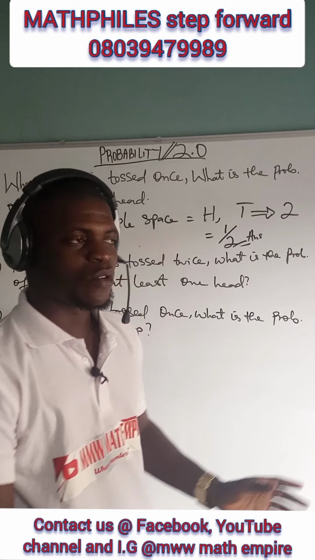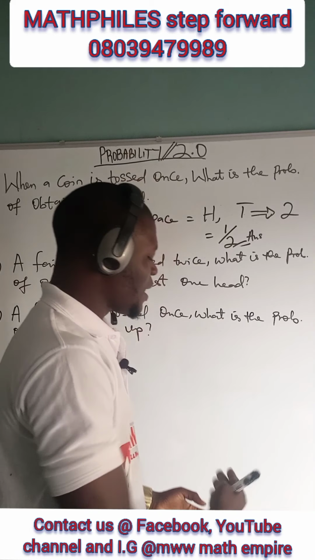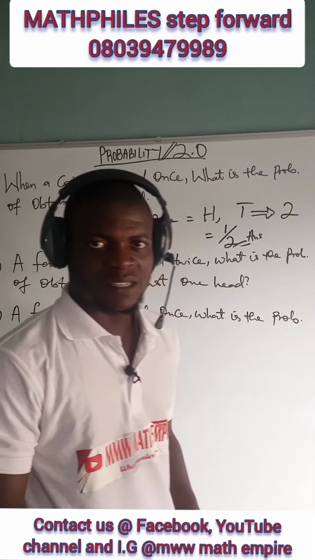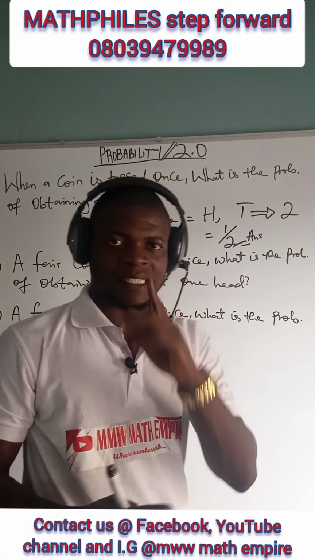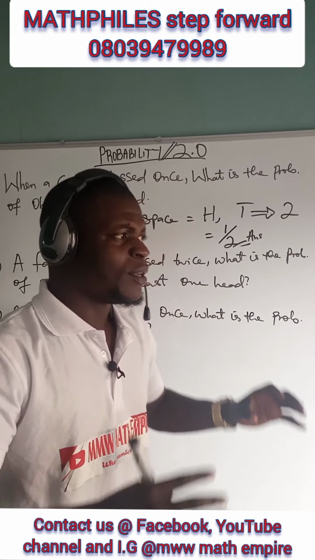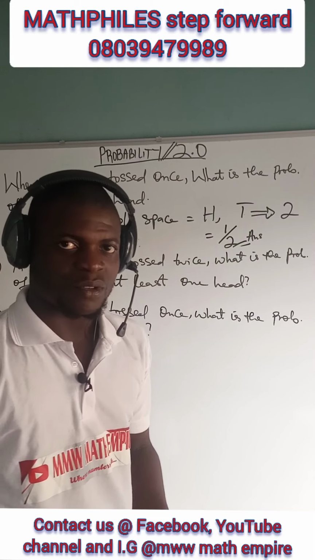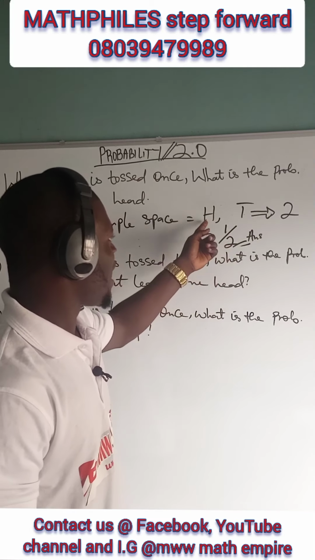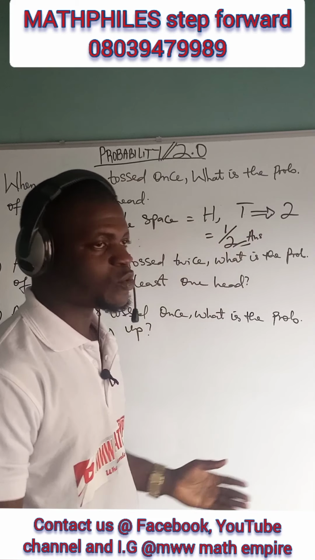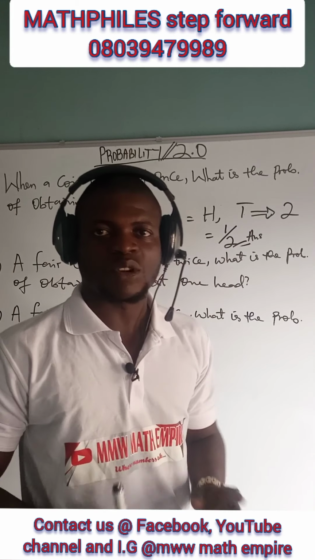No, it doesn't work that way. You can obtain a head 8 times or 9 times while obtaining a tail only once. Do you copy? So when you say events are equally likely, it's just the way you are looking at it here: you either have 1 over 2, or you have 1 over 2. They have equal chances.